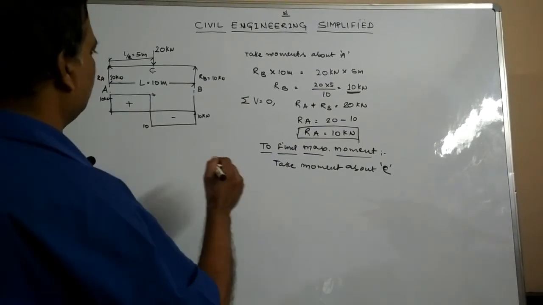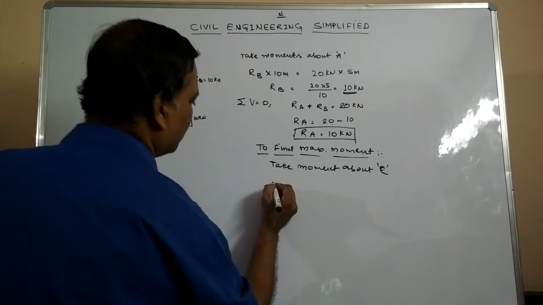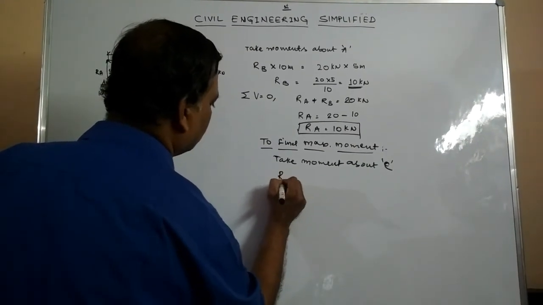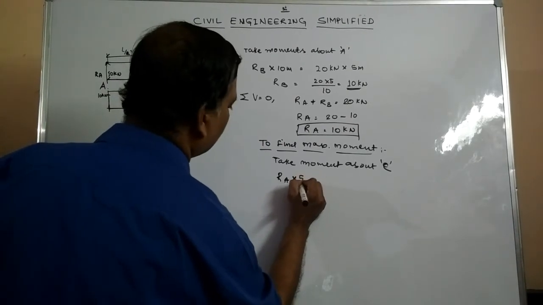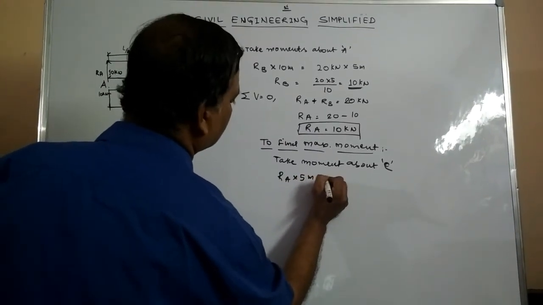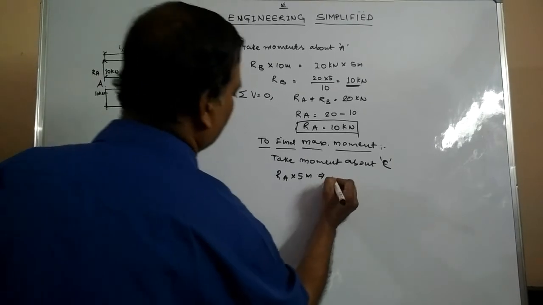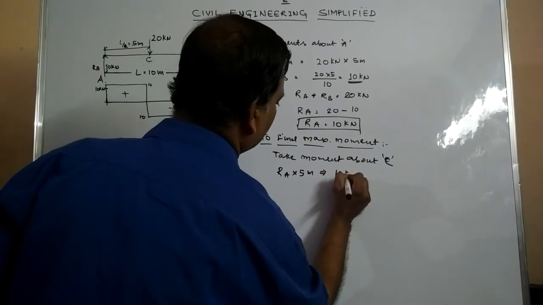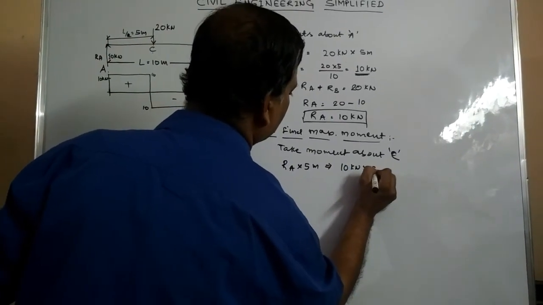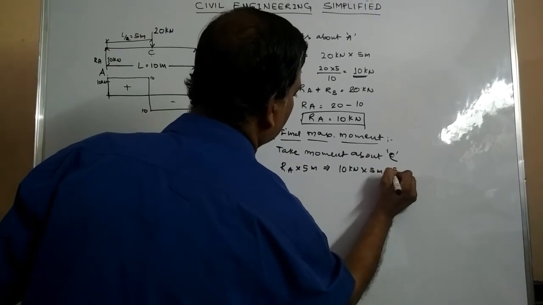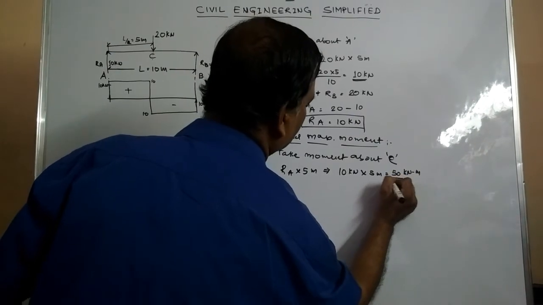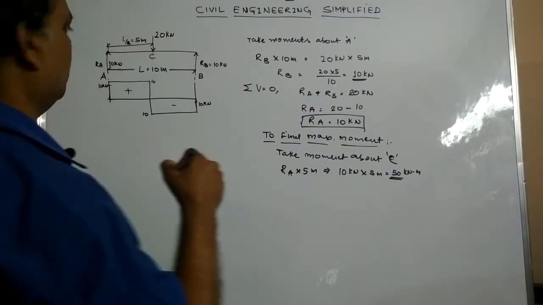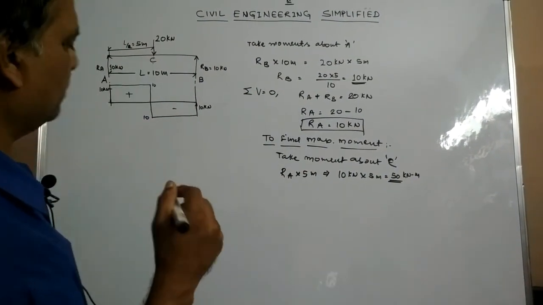Hence, if you take moment about C on the left-hand side, it is RA into the distance, which is equal to 5 meters. RA we already calculated, it is 10 kilonewton into 5 meters, which gives 50 kilonewton meter. So this magnitude of 50 kilonewton meter actually occurs under the load.